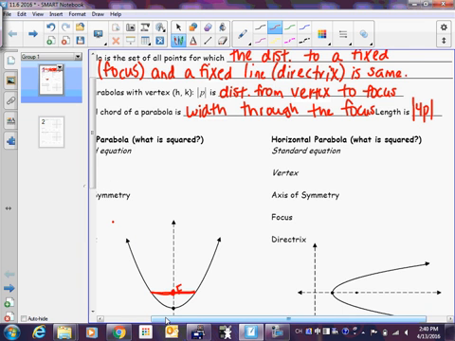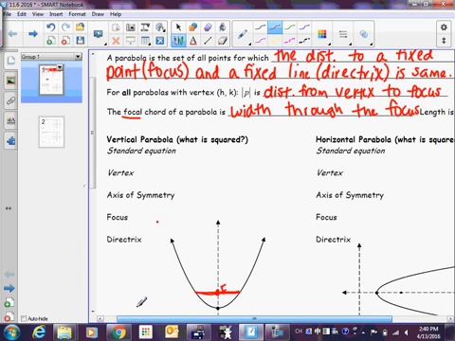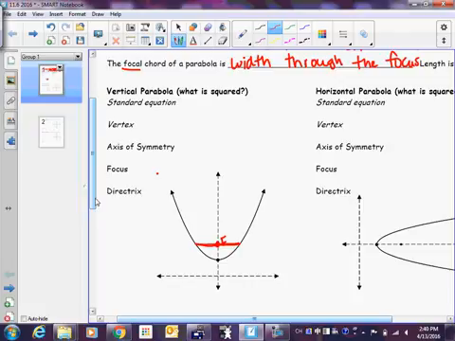Okay, so we do have 2 different types of parabola. You're used to vertical parabolas. That's the one you've been doing since Algebra 1, although you haven't necessarily done focus and directrix. Okay, so let's write the standard equation. It's going to be y equals a, x minus h squared plus k.